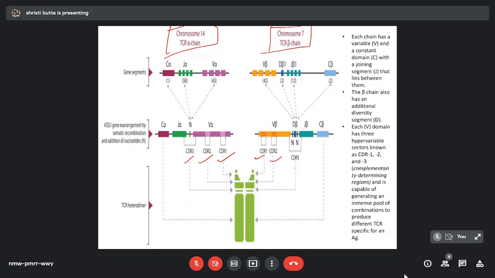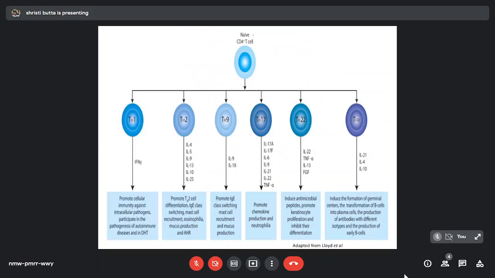Now, coming to the different types of T cells, yes, we all know it is the CD4 plus T cells or the naive T cells. Now, what happens is that they divide into T helper 1 cells, 2, 9, 17, 22, and the follicular T helper cells. The T helper 1 cell is capable of producing interferon gamma.